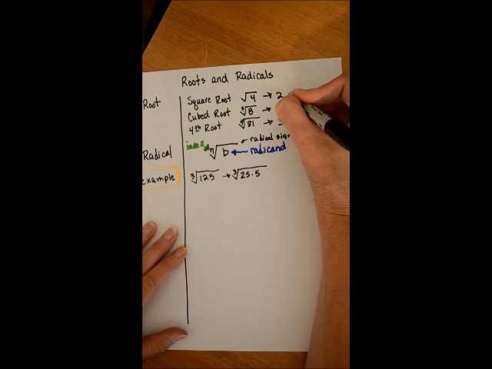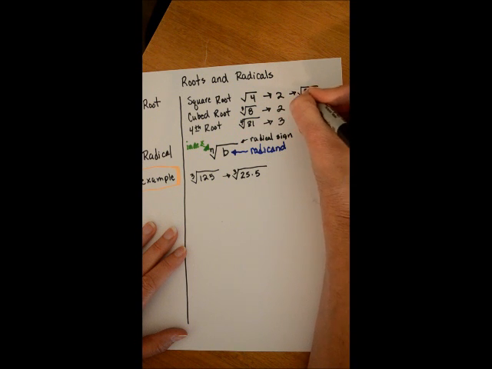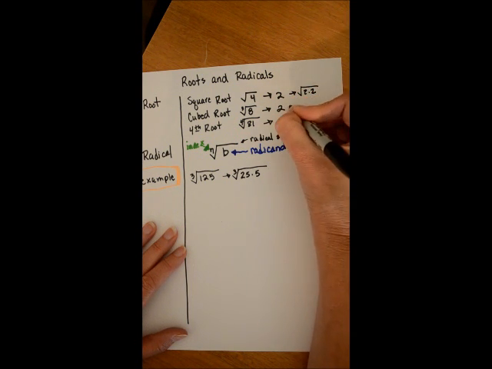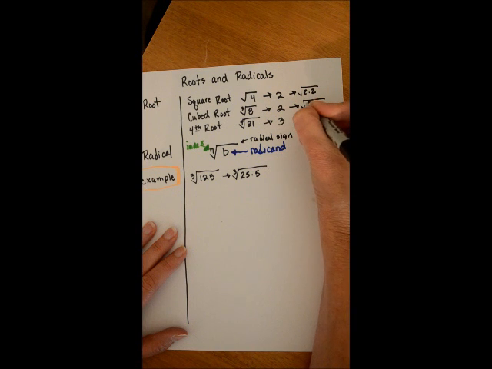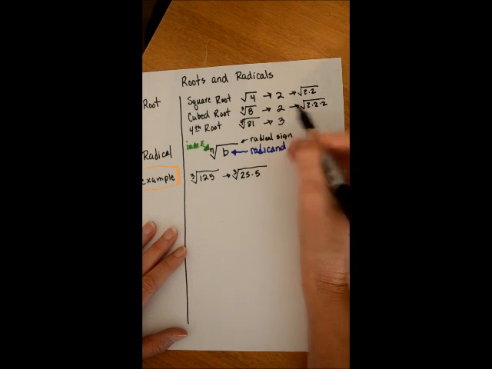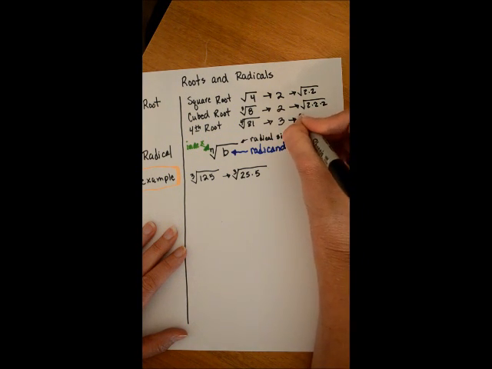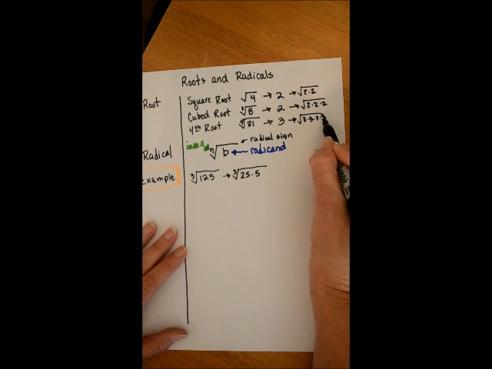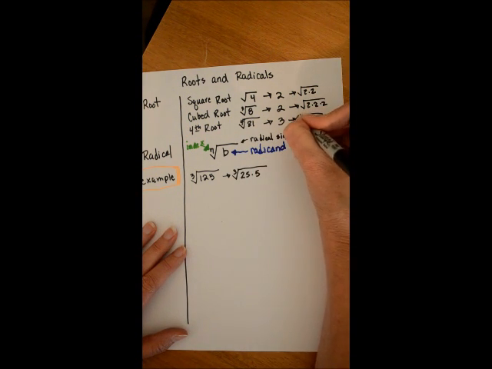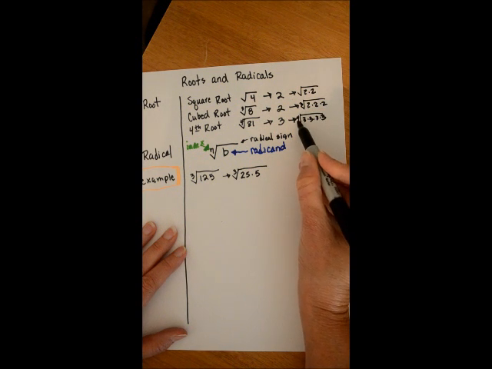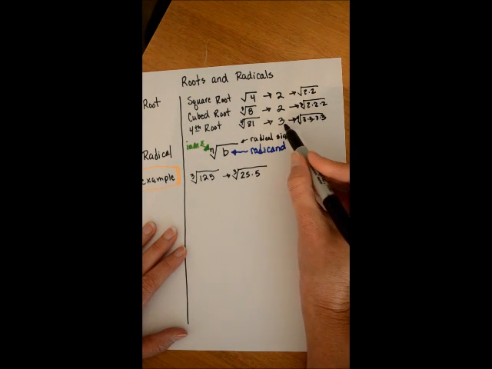Like this one. Let's go back up here. This would look like square root 2 times 2. This would look like cube root 2 times 2 times 2. So I have 3 things here, and I can pull out a 2. This one is going to look like this, 3 times 3 times 3 times 3. I'm looking for 4. Sorry, put in your 4, put in your 3. Looking for 4, 1, 2, 3, 4, that means I can pull out a 3.